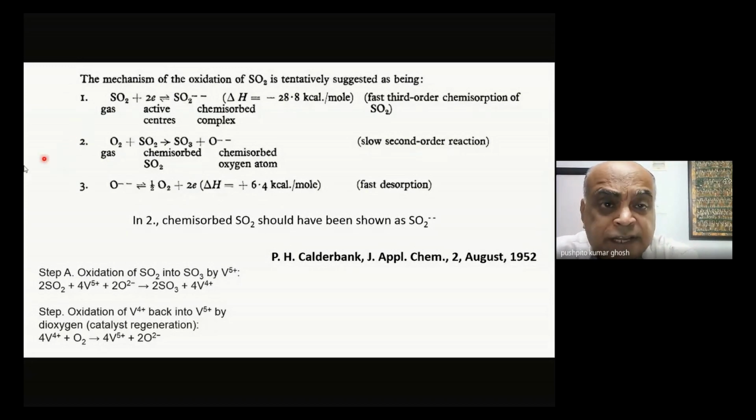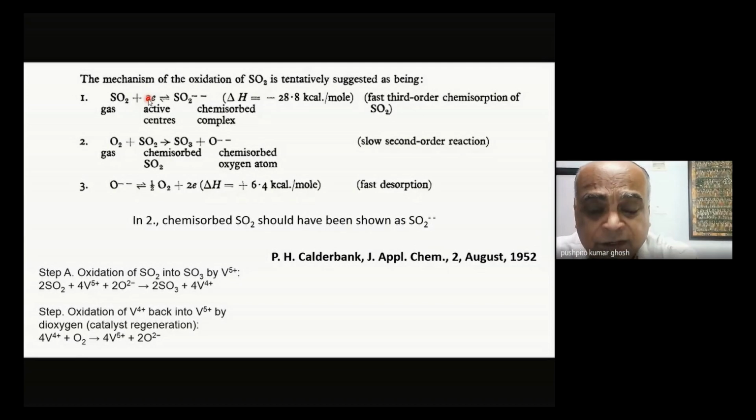So you have SO2 coming in. It's picking up 2 electrons. Actually, these 2 electrons, etc., that you see are really the electrons that are coming from a variation in the oxidation state of vanadium pentoxide. Vanadium pentoxide, what is the oxidation state of vanadium?